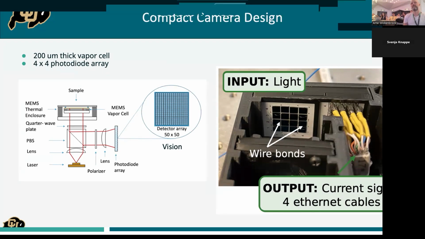So there is some overhead because first we need to keep the sample cool while we're heating our cell. And second, there's a window, there's a mirror, there's something. But I think if it's roughly on the order of our thickness, that still makes sense.